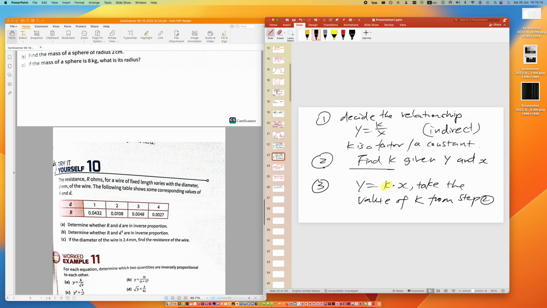So what is k? Use your calculator, quick. Do you know how to solve this? Do you know that your 1 can be seen as 1 over 1? Then you can cross multiply. Can you use more spacing? I don't want you to squeeze everything together, because there is a problem when you squeeze everything together.